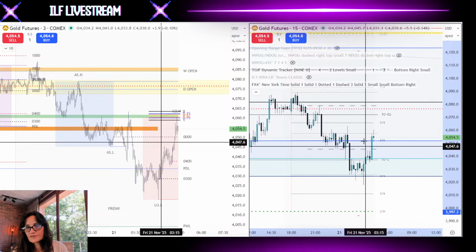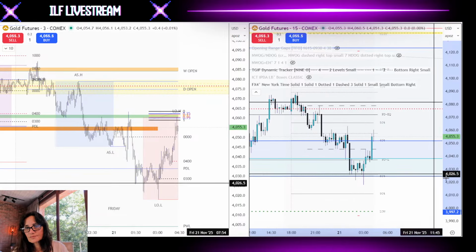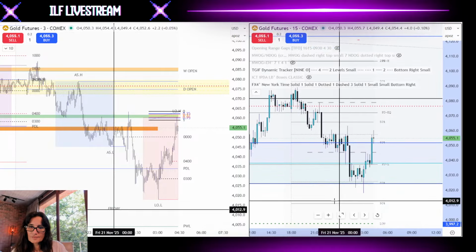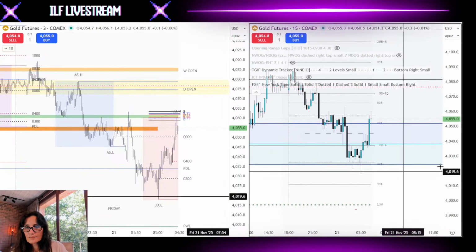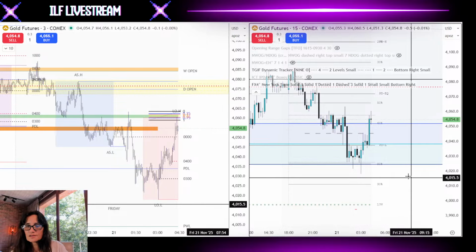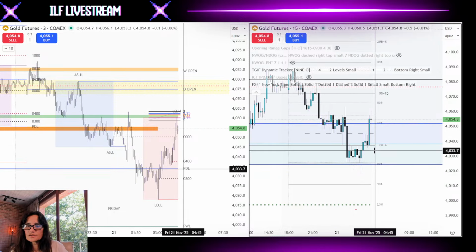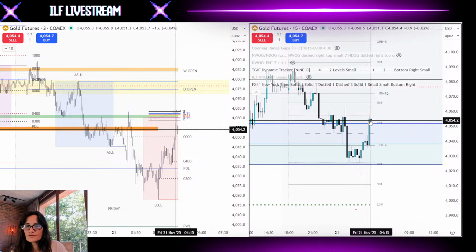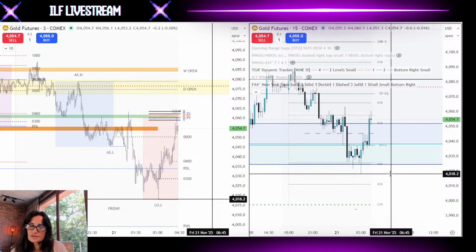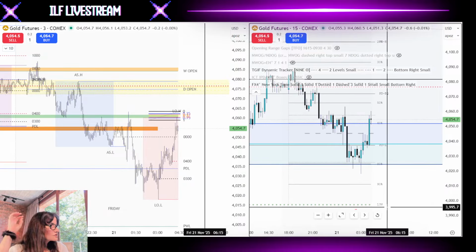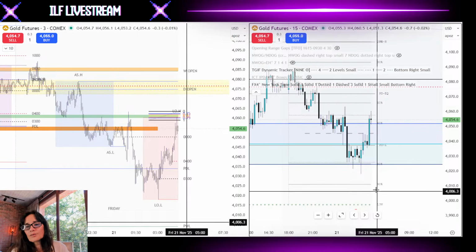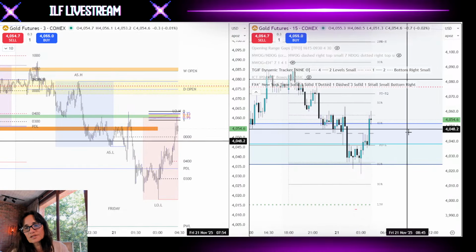20, 30, 40%. And this is 50%, right? So you see we're hanging in 20 and we're just above 40 now. But at some point, if it starts consolidating, it will use these levels.